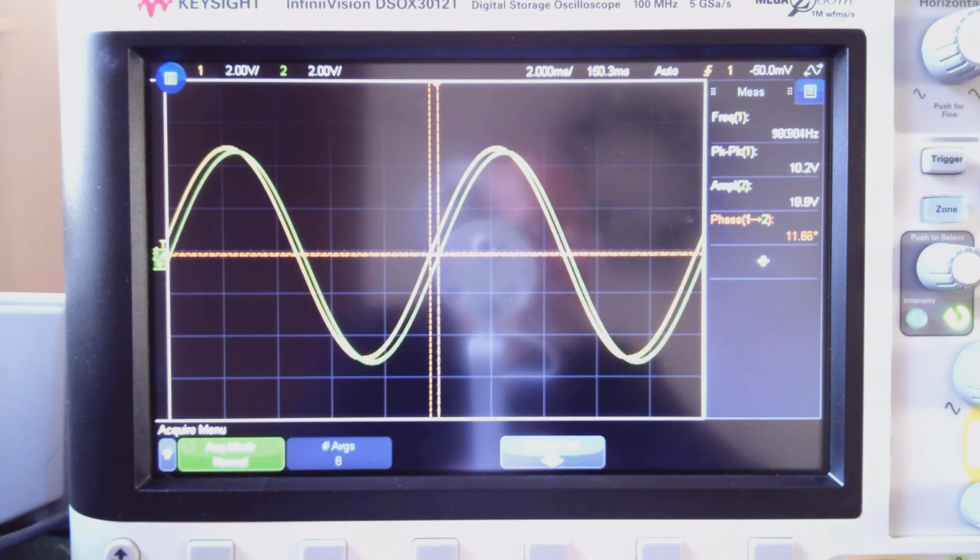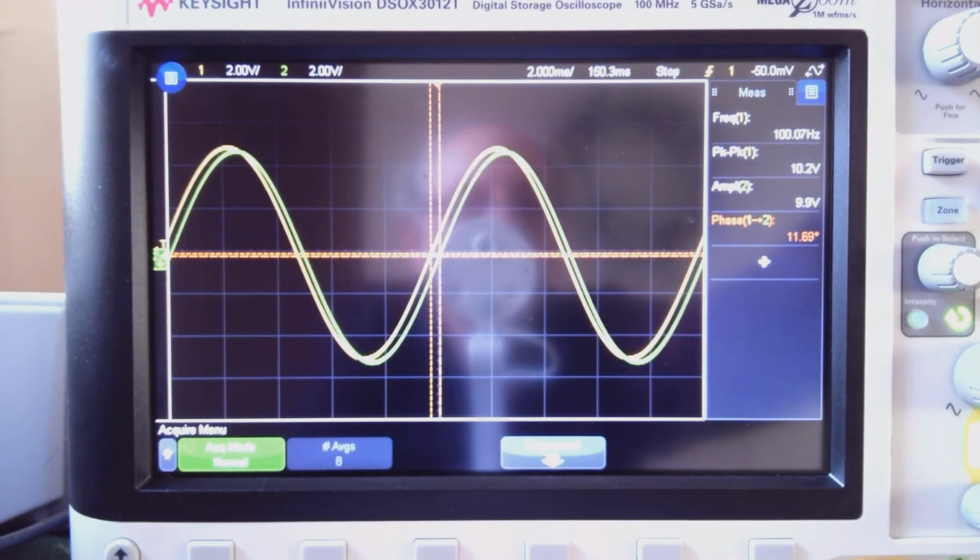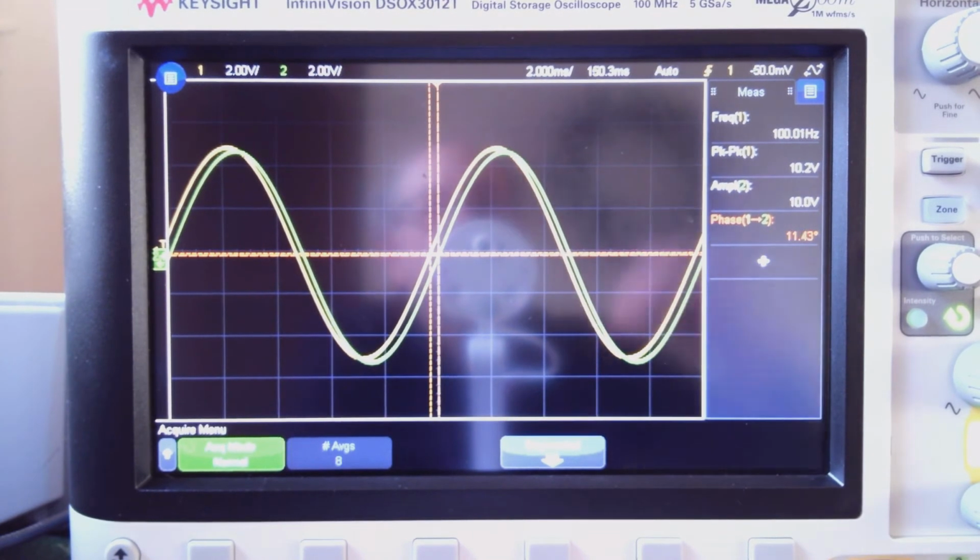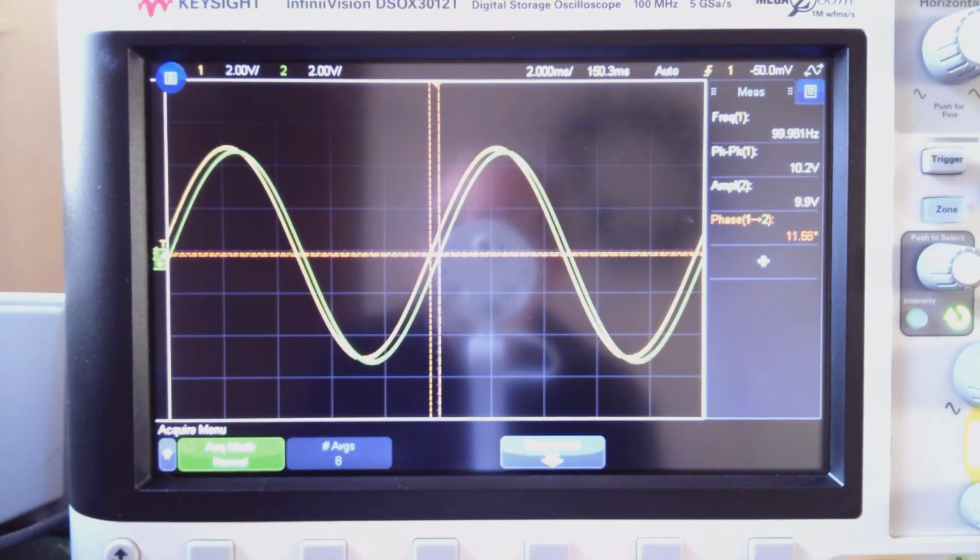On the bottom, the measurement of the phase angle between 1 and 2 is 11.69 degrees. So that's the first measurement, and you put that in your chart in the experiment.